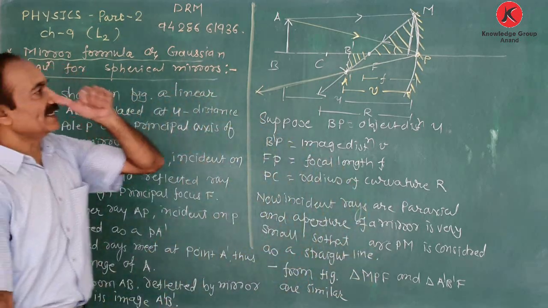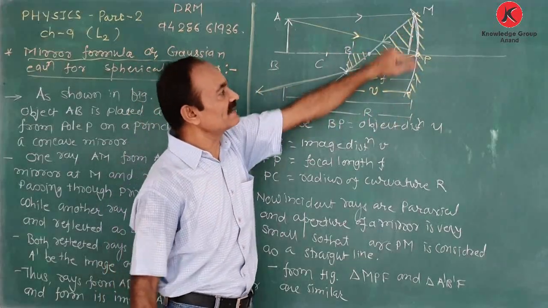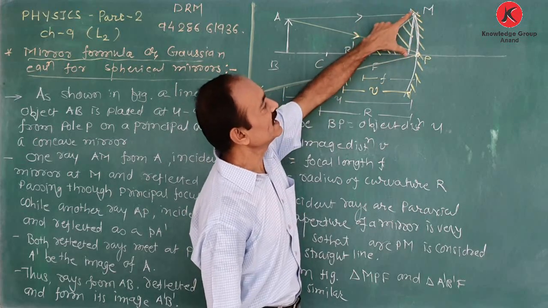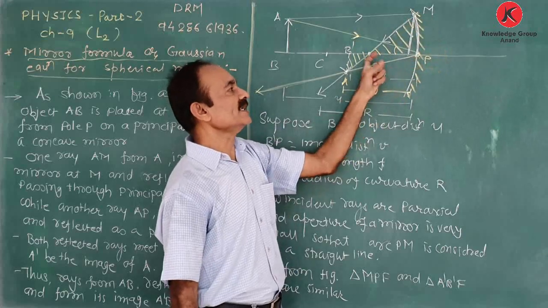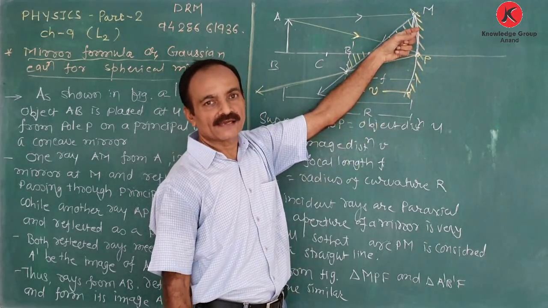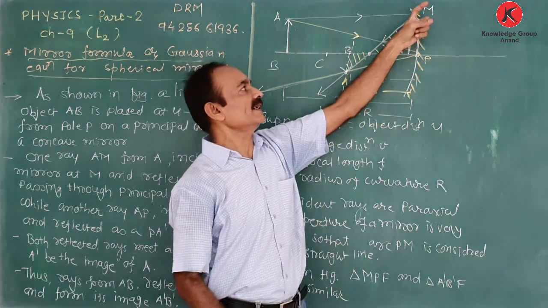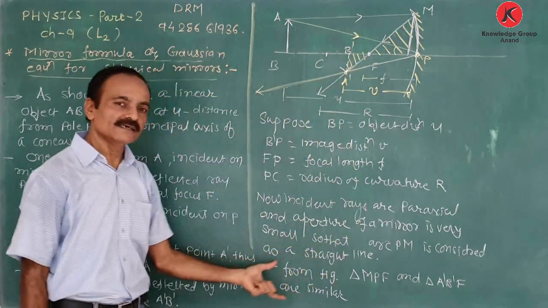Again, considering that the incident rays are paraxial and the aperture of the mirror is very small, this MPM or MP is considered as a straight line. Therefore, this portion FPM we can consider as a right angle triangle. And after that, these two right angle triangles, one is MPF and the second is A dash B dash F, are similar.